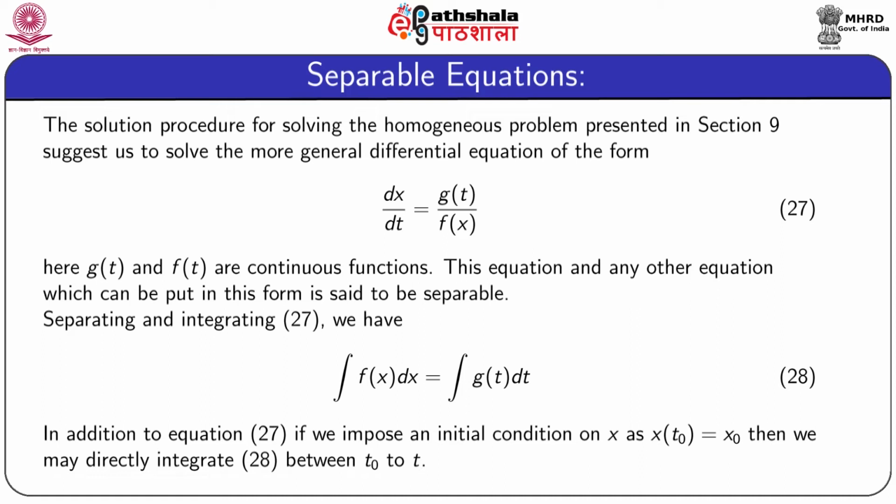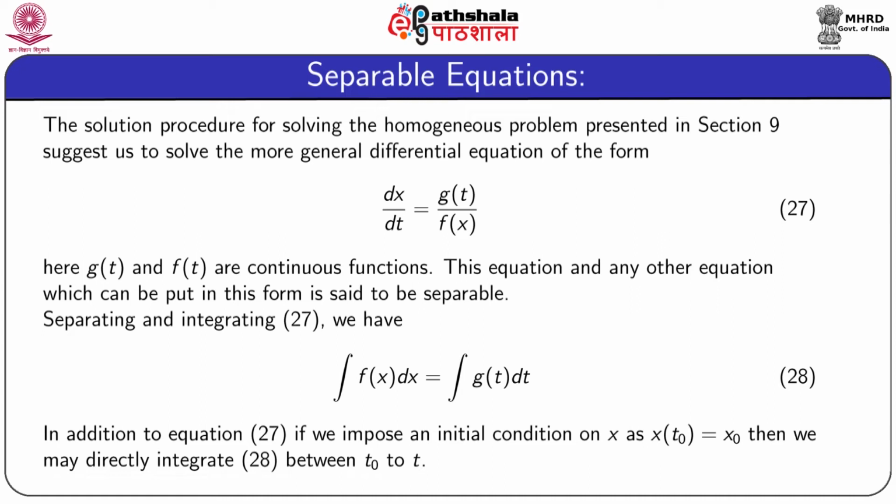Here it is a function of t and x, where t is an independent variable and x is a dependent variable. If you can separate both the independent variable and the dependent variable, then this particular differential equation is called separable.